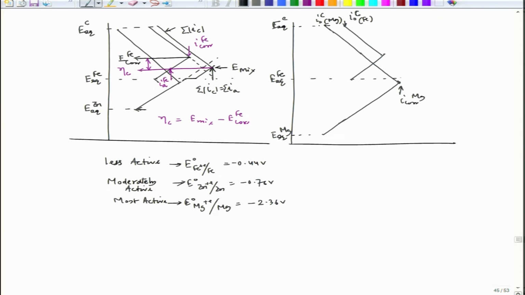Then if I continue, the same process I will follow.